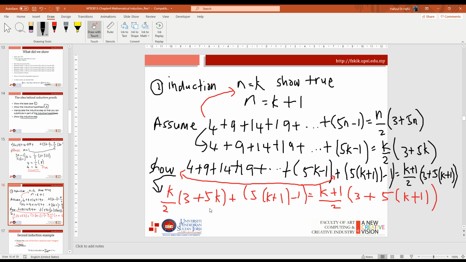So we calculate k, sorry, divided by 2, 3 plus 5k plus 5k plus 4 is equivalent to k plus 1 divided by 2, 3 plus 5k plus 5.